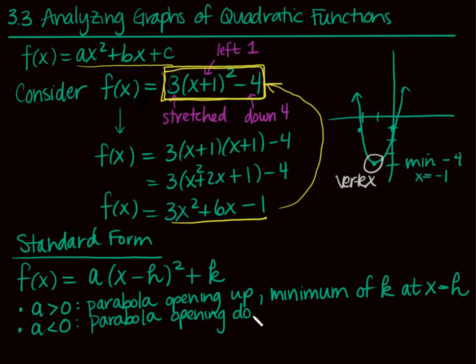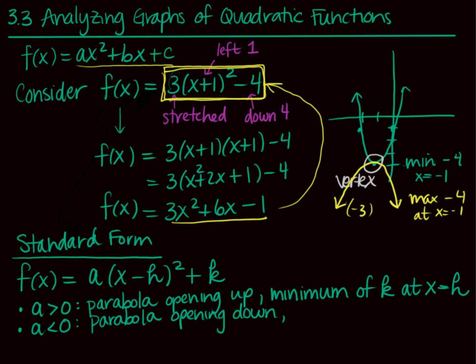If this was a -3, my parabola would have done this, right? Instead of saying it's a minimum of -4 at -1, I would say in this case that it's a max of -4 at x equals -1. Again, this is if I had a -3 as my a value.